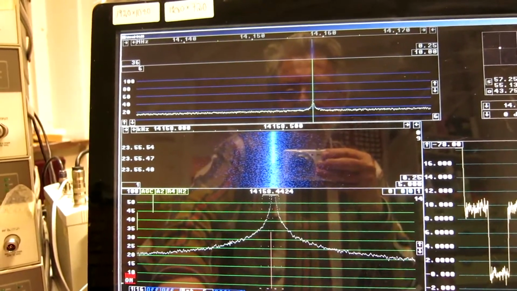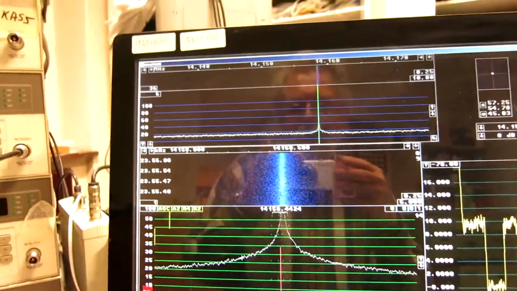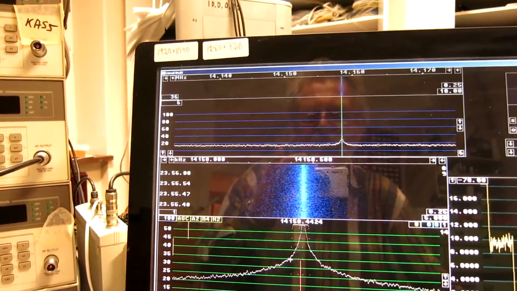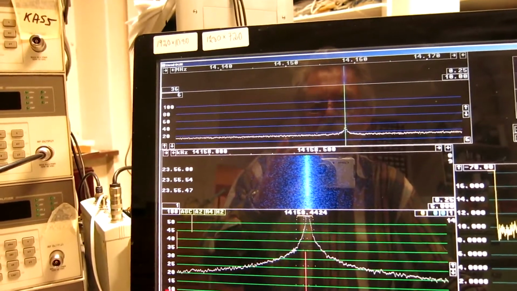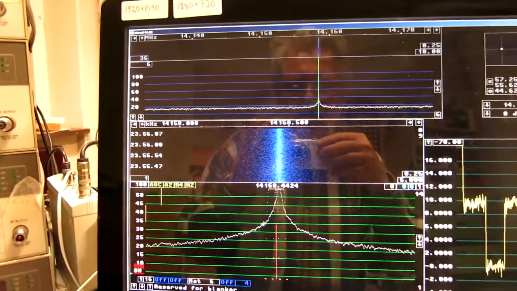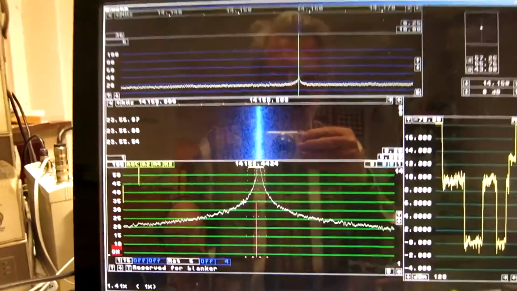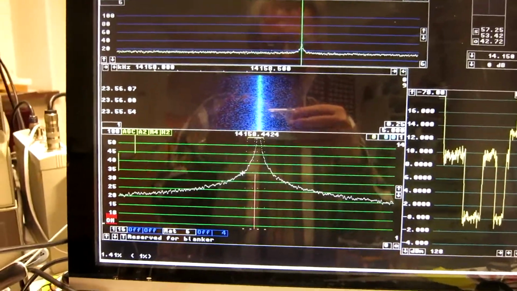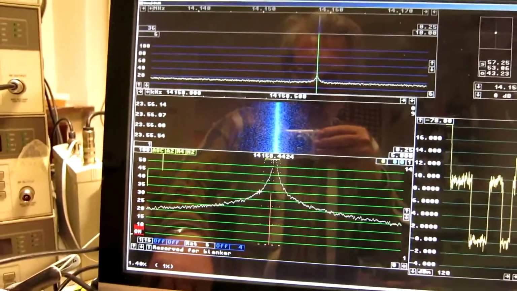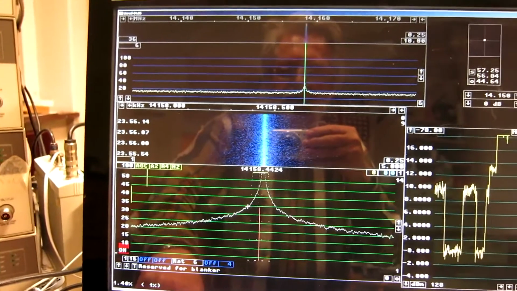But it seems that the noise outside about 100 Hertz does not increase due to the feedback. It's a Q multiplier we see here. So 1 more dB of feedback.